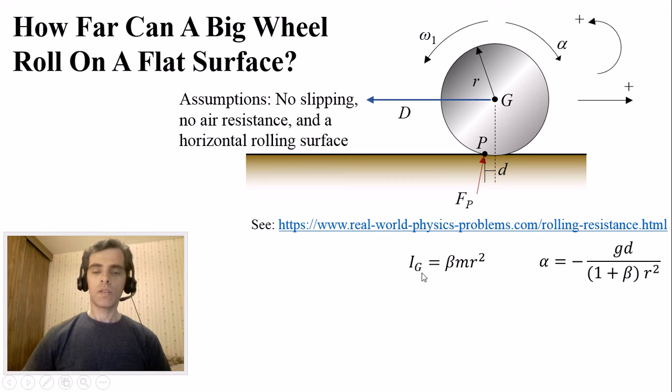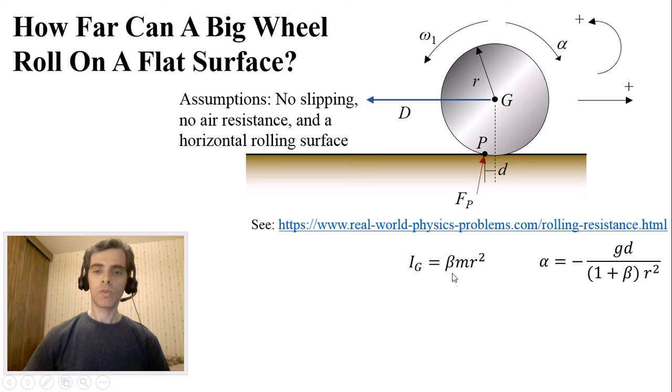Here the rotational inertia of the wheel about the center of mass G, treated as a two-dimensional problem, is given as beta times m r squared, where m is the mass of the wheel and beta is equal to some constant.